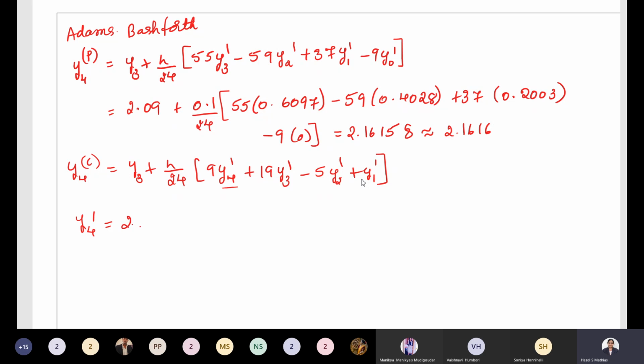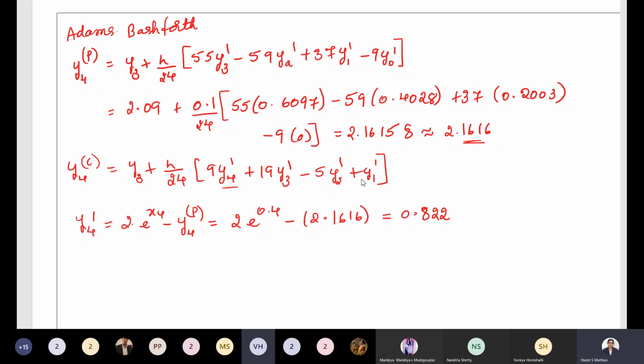It is 2 into e power x4 minus y4 power p. Now we have to use the predicted value. So it is 2 into e power 0.4 minus y4 power p. We've got it over here, that is 2.1616. What is it? 0.822, ma'am. Okay, 0.822.